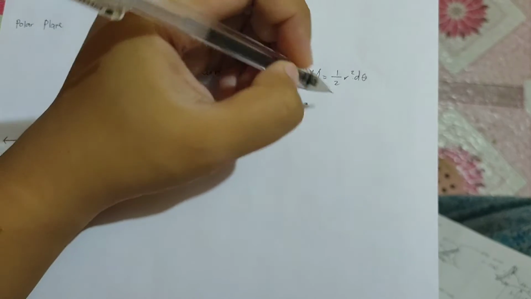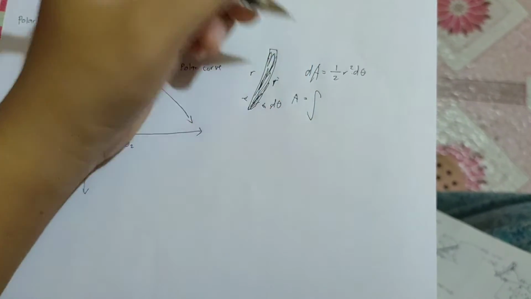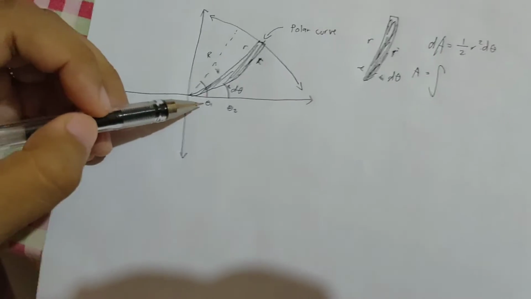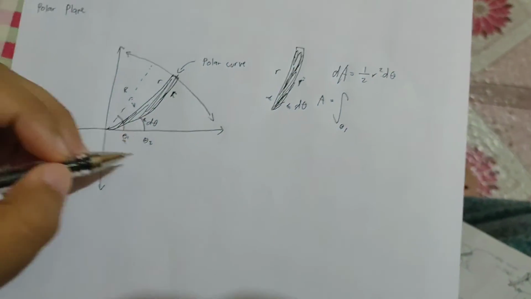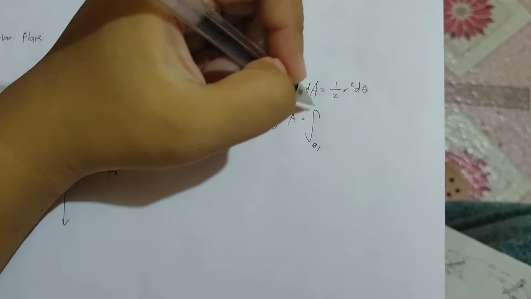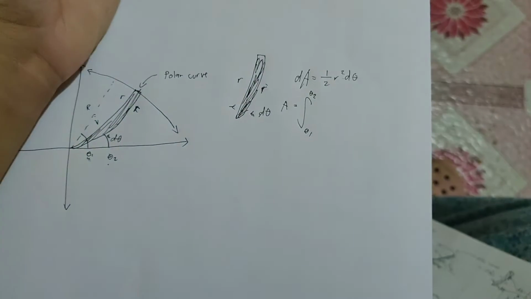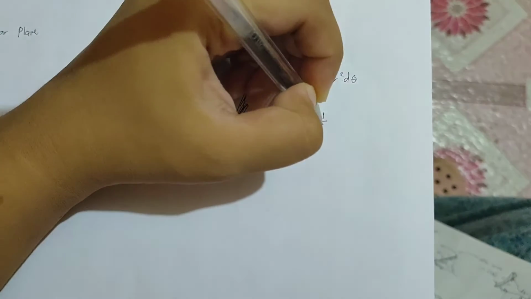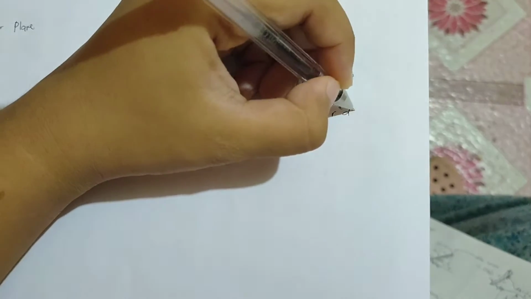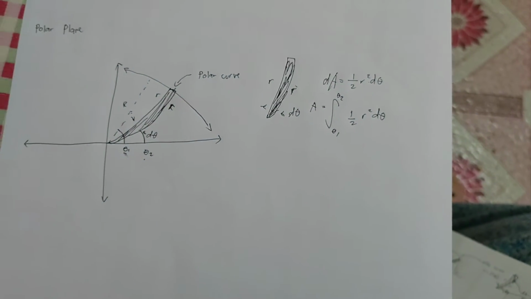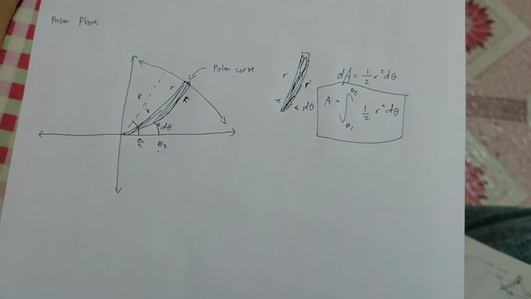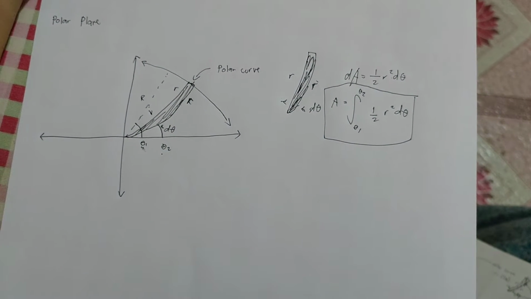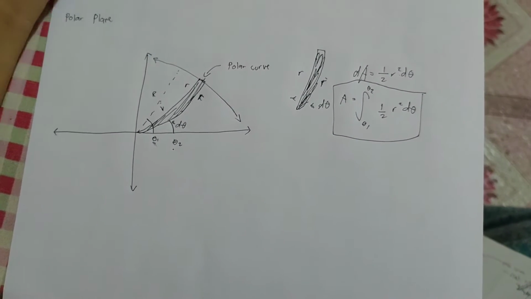And then our limits will be from beta 1, which is this, to beta 2, here above. Then 1/2 R squared d beta. That's it. This is the formula for getting the area of a polar curve.